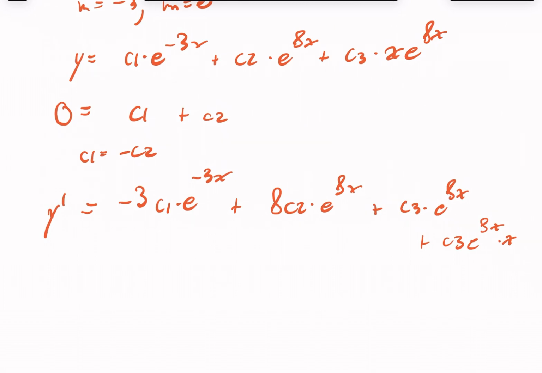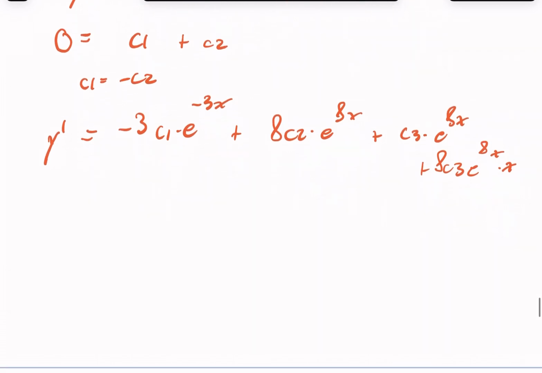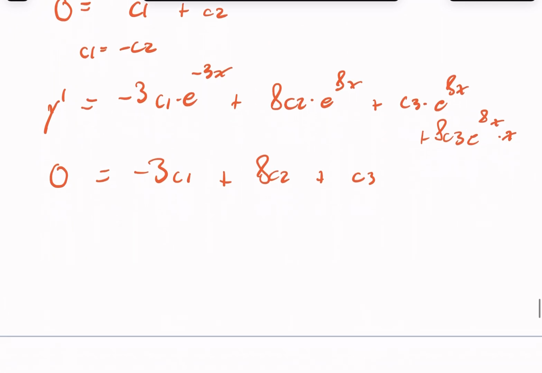Oh, and I have to be careful of that. Okay, cool. So now I plug in 0 again. I get negative 3c1 plus 8c2 plus c3, and then the last one goes away.